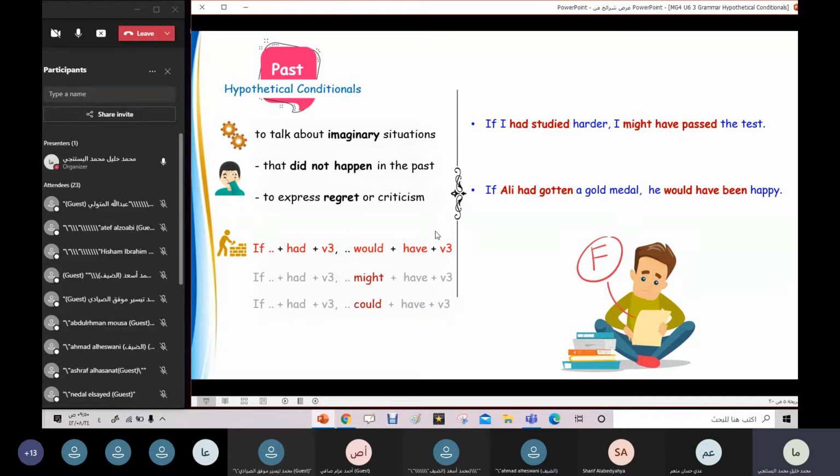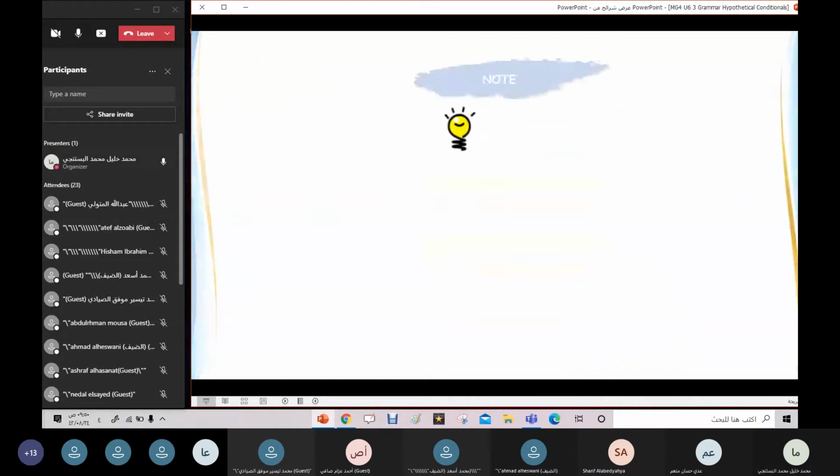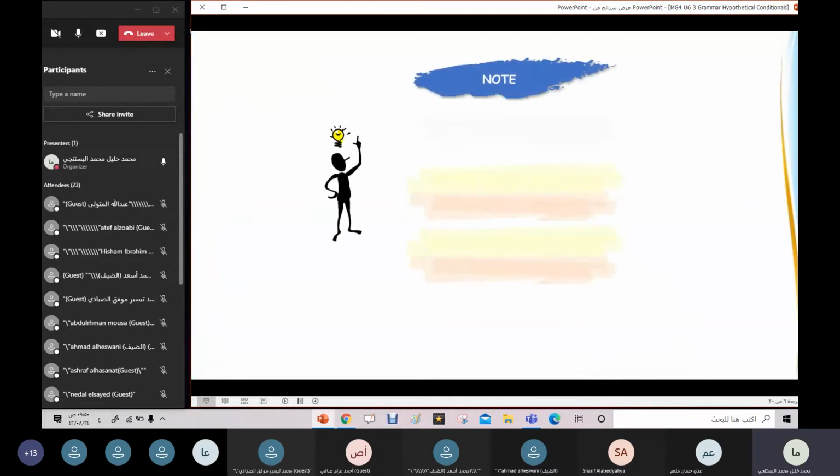In the result clause, we use would or might or could, have, and verb 3. Here we have two forms: the first one type 2, the second type 3.